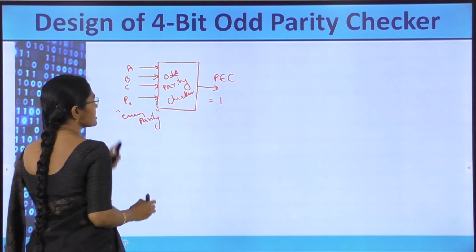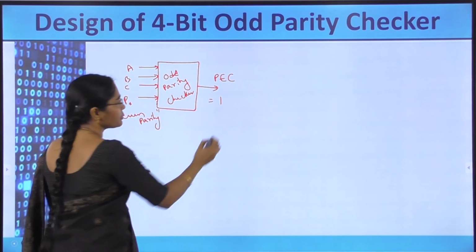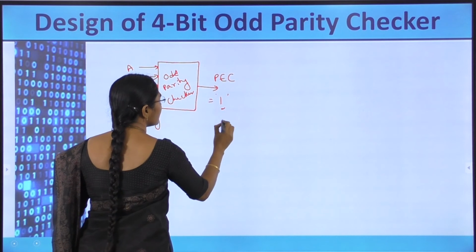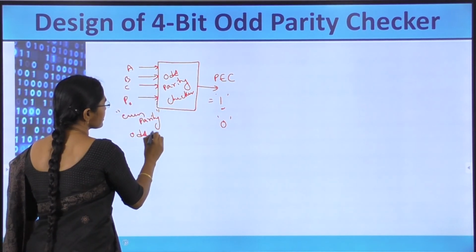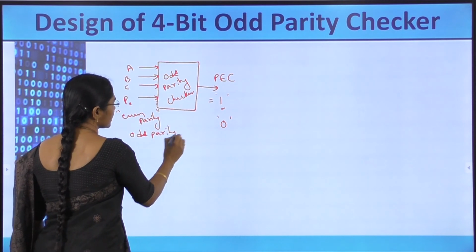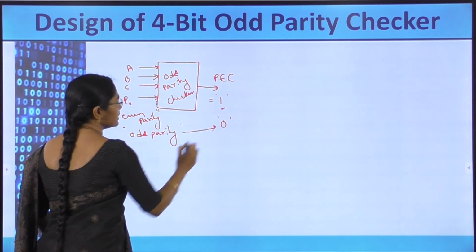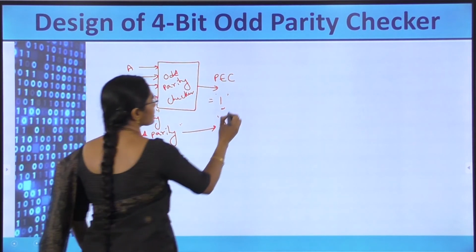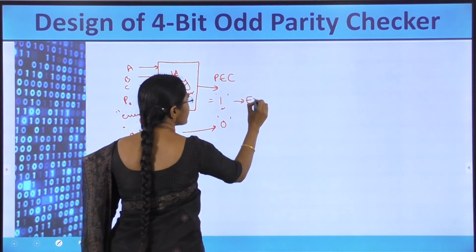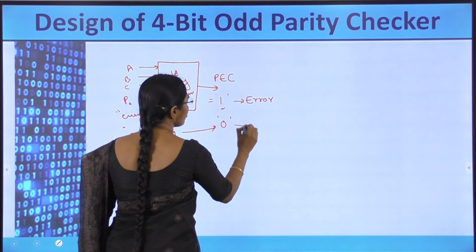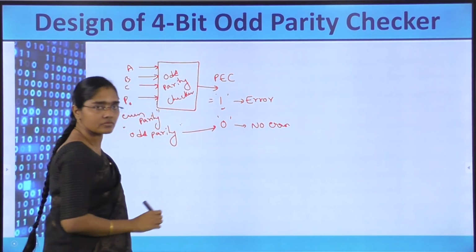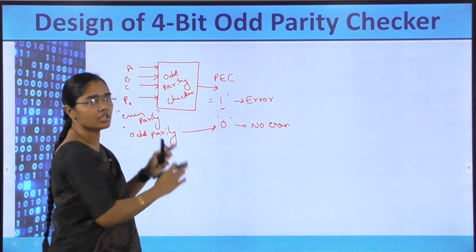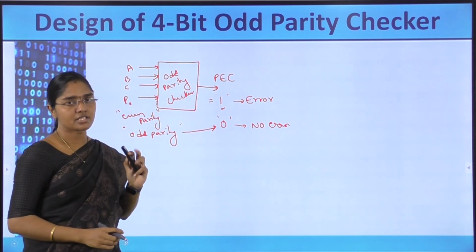That means if even parity exists in the input, it will generate 1, or it will generate 0 if odd parity is received. 1 means it is the error case, and 0 means it is the no error case. Okay, this is the definition of our 4-bit odd parity checker.